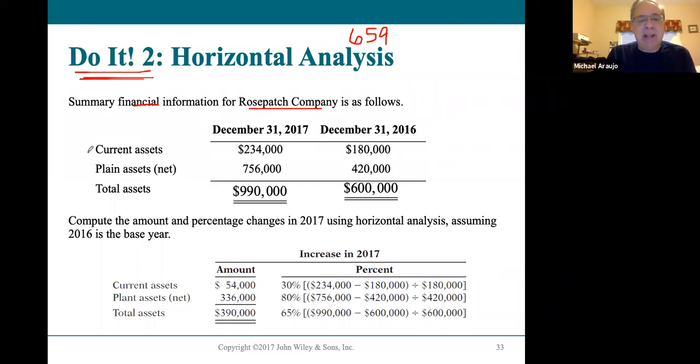They have their current assets, other assets, and total assets listed for the years 2016 on the right, 2017 on the left. And they want us to do a horizontal analysis of the percentage change, assuming 2016 is the base year. Okay, so our current assets increased from 180 to 234, which means they increased by $54,000. A $54,000 increase on top of a $180,000 base is a 30% increase in current assets.